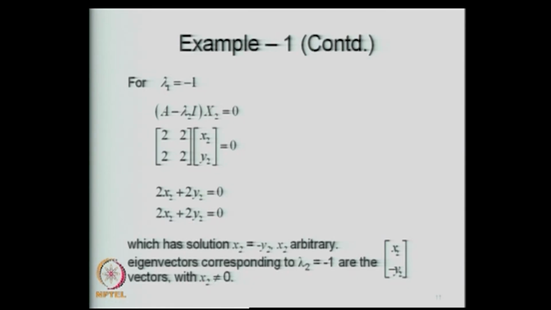So, this is how you obtain the eigenvectors and the eigenvalues. As I mentioned, given any square matrix, if you want to determine the eigenvectors, first you find the eigenvalues by taking the determinant of A minus lambda I, and setting that determinant equal to 0. A is a square matrix and I is a unit matrix. You will get at most n distinct lambda values for a square matrix of size n by n.